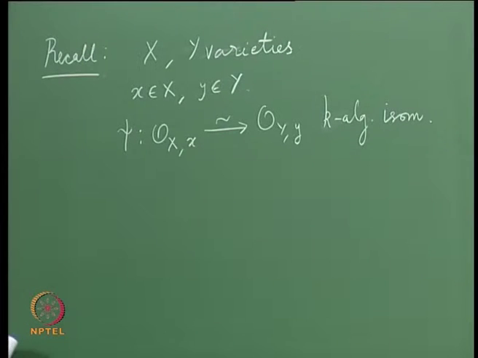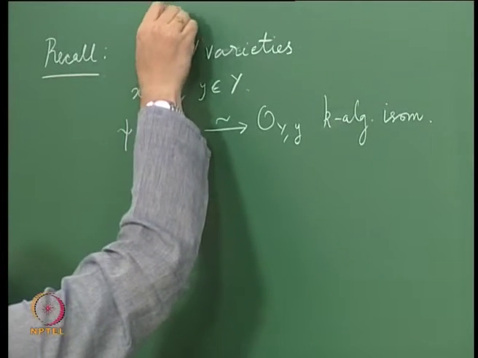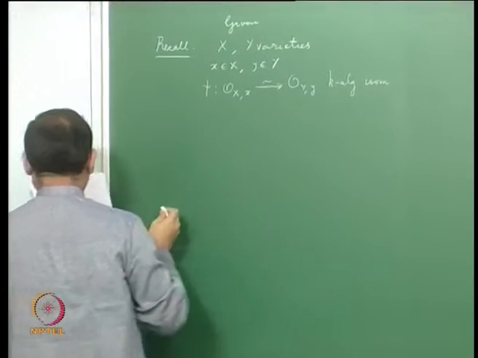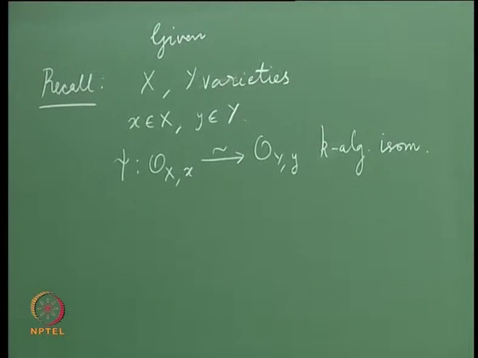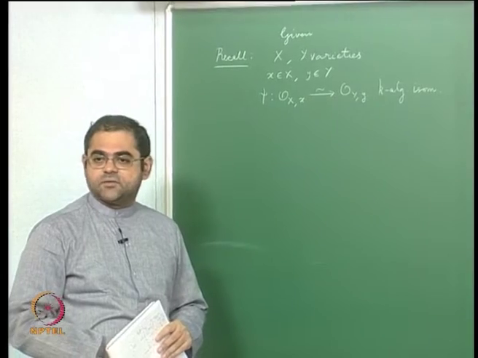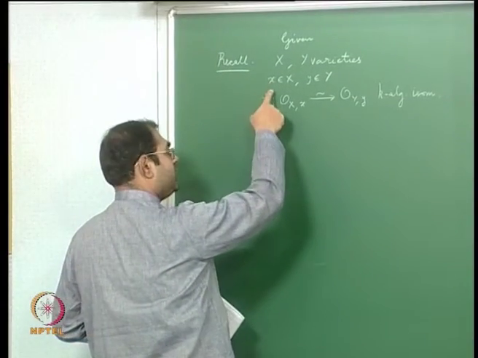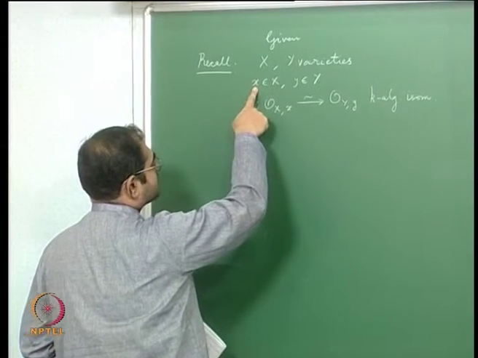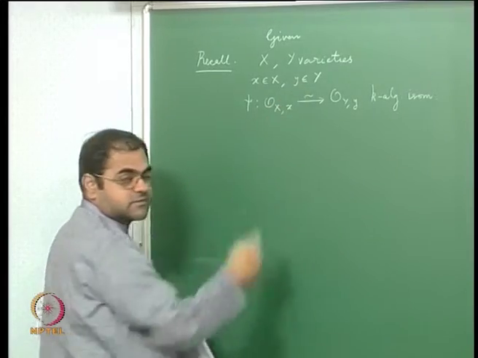So this was given to us. And what we did was, of course, because any variety is covered by finitely many open sets, each of which is isomorphic to an affine variety, we took an open set containing small x which is an affine variety, and an open set containing small y which is also an affine variety.